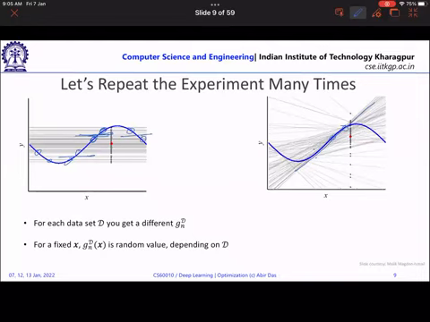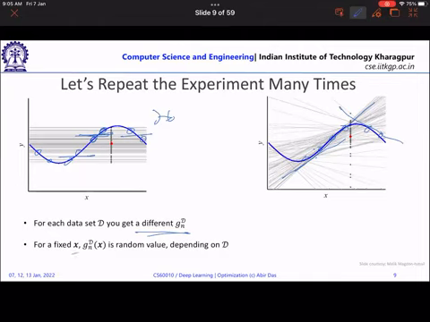For H0, for H1, say you are getting that, your friend is getting this, his friend is getting this, and so on. So for each data set D, you get a different g_D(x). I think it also comes back to the question that was asked earlier.